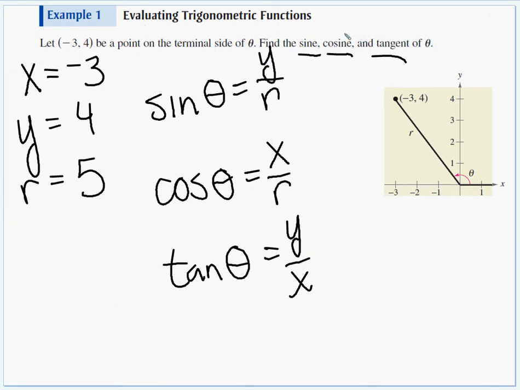Sine is y over r, that will be 4/5. Cos is x over r, that will be negative 3/5. There's the first time we see a negative trig function there. And then tan is y over x, that's going to be 4 over negative 3, negative 4/3. So there's our three trig values based on just having this point on the terminal side of that angle.